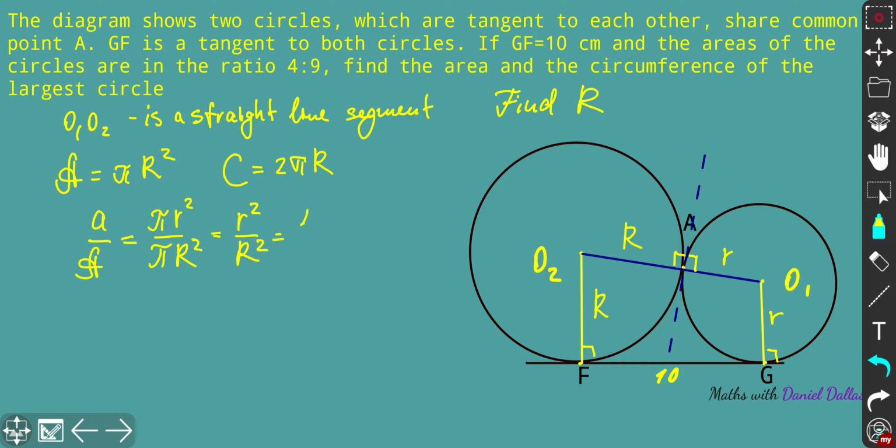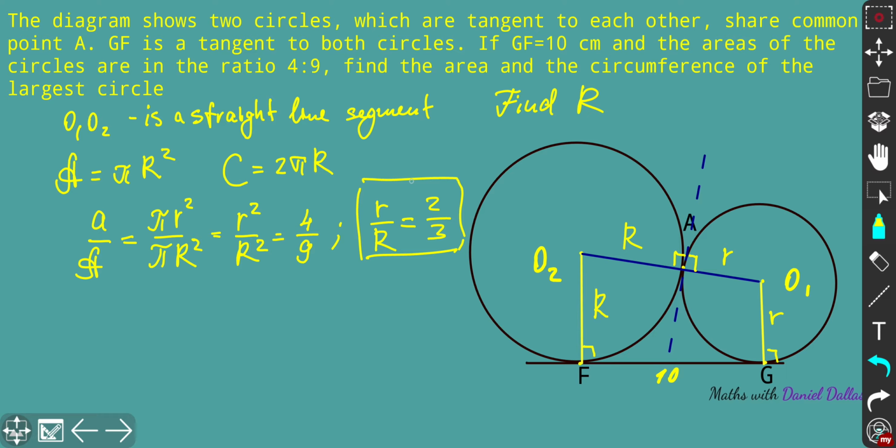That's going to be 4/9. Or in other words, if you take the square root of both parts, you'll get small to the big one is going to be 2/3. From there, you can express small radius through the big one. That's the first step.